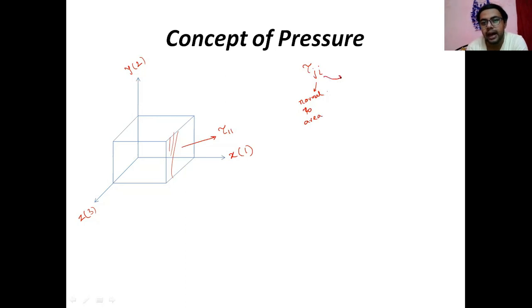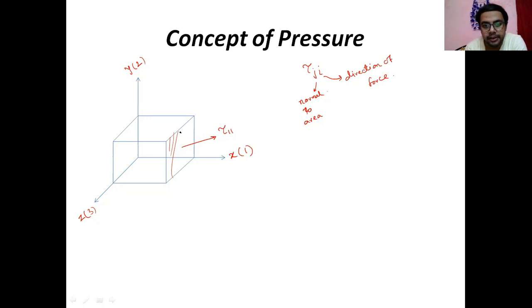And this i gives you the direction of force. So here, this is a surface. If you draw the normal line from the surface, outward normal, that will be along the x-axis. So that's why it is first one, and second one, because the direction is also in the x-axis. So that's why tau 11.